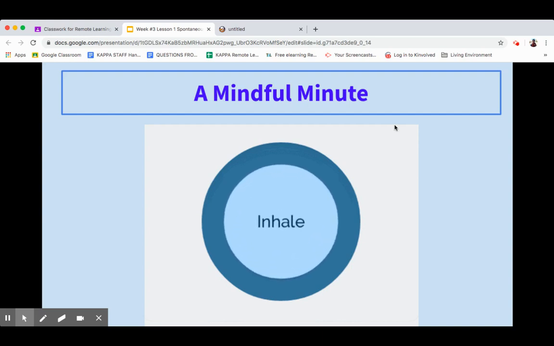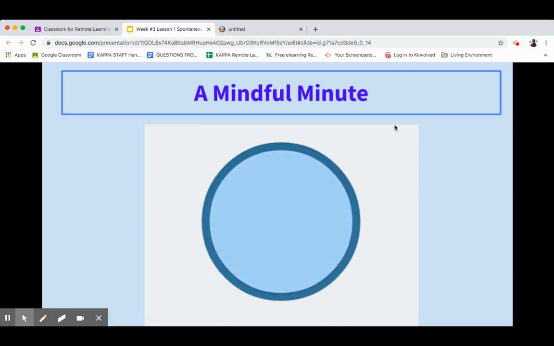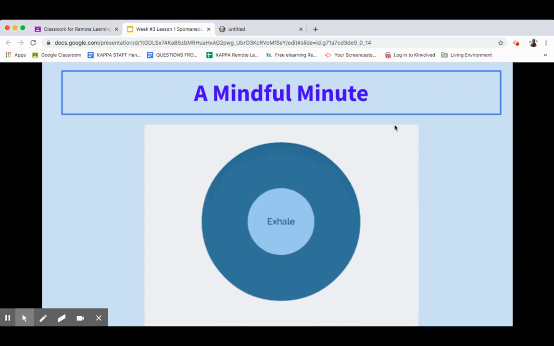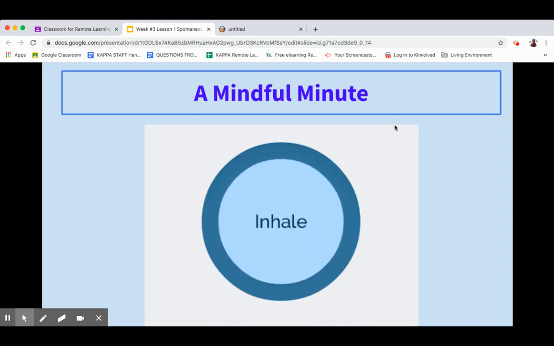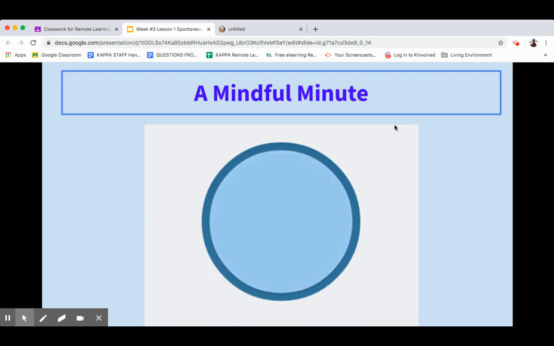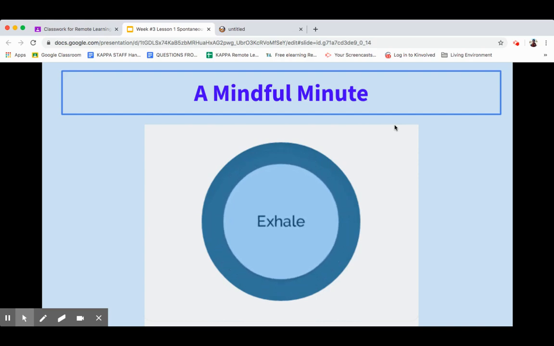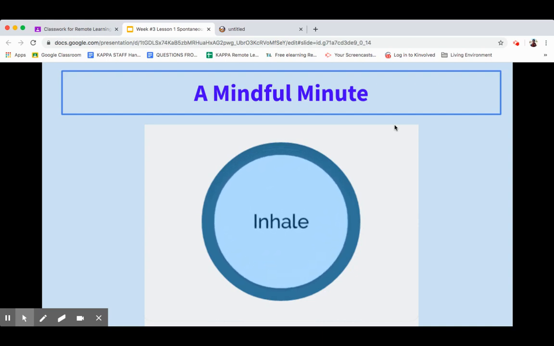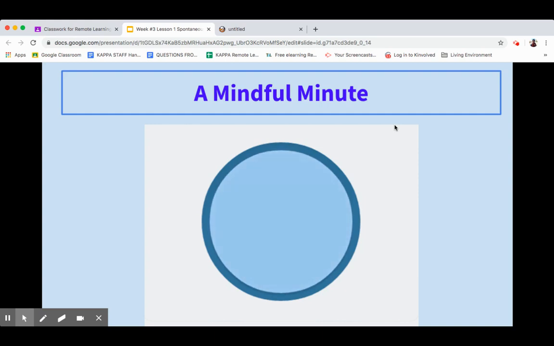Inhale, taking that fresh, energizing oxygen. And exhale, letting it go, breathing out carbon dioxide. Inhale, exhale, pushing out carbon dioxide. We're halfway there. Inhale, and exhale.